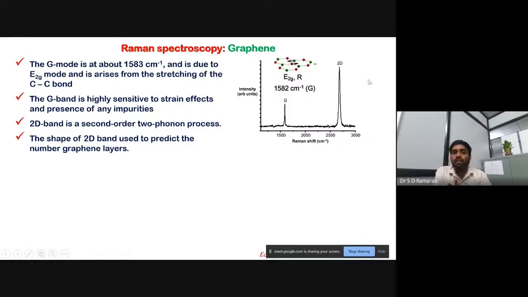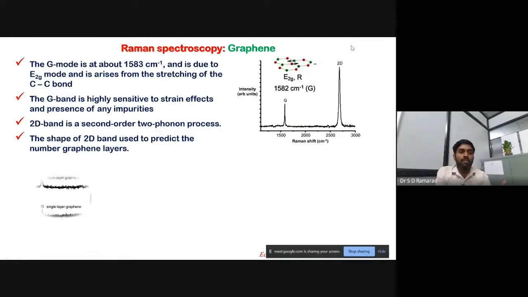Similarly, the 2D band will show how many layers there are, because when you are peeling graphene from graphite, it is not compulsory that you will end up with a single layer. Depending on the process, you will end up with multiple layers also. You can understand whether you got a single layer or multiple layers by seeing the nature of this 2D band.